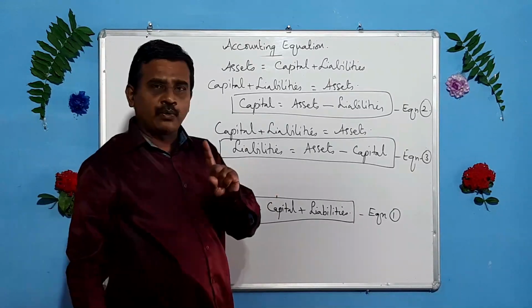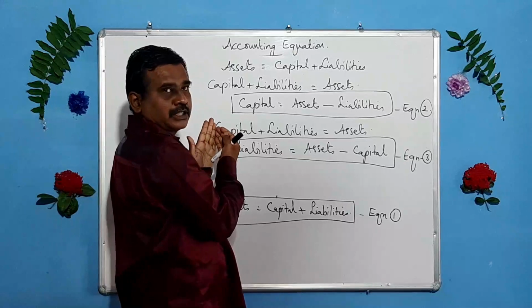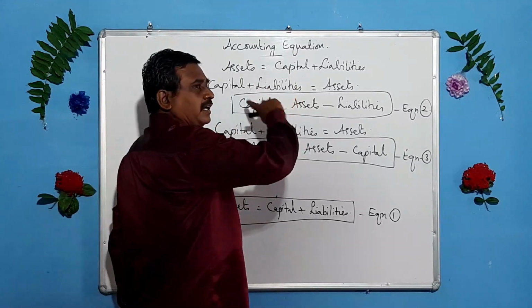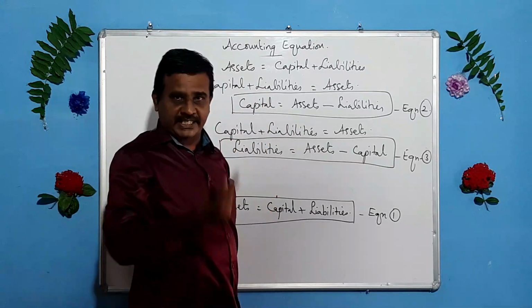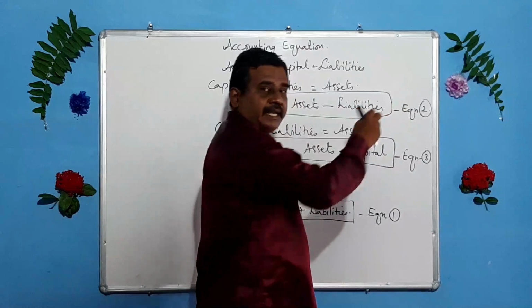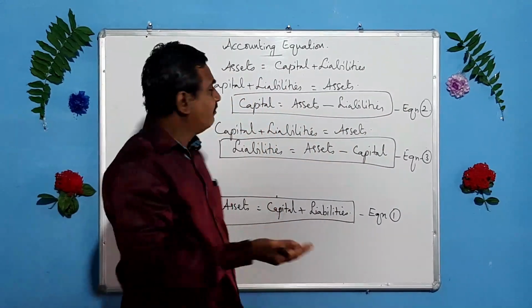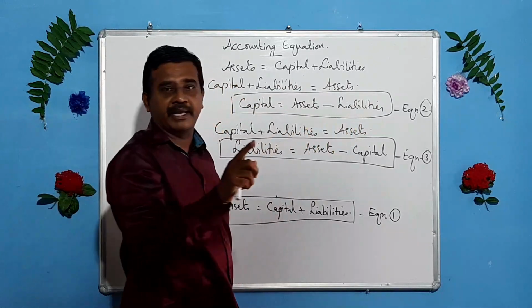Now, if you are asked to find out capital, take that capital out. When something is taken to the opposite side, the sign will change. If there is a plus sign, when this is taken to the other side, it will become a minus sign. When there is a minus sign on this side, when it is taken to the other side, it becomes plus.